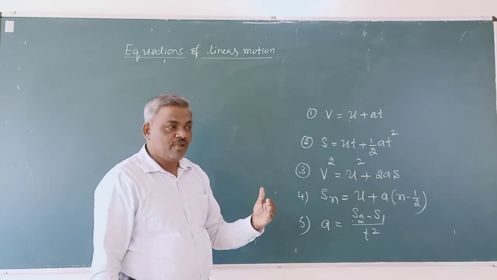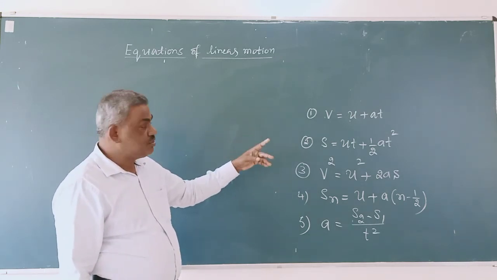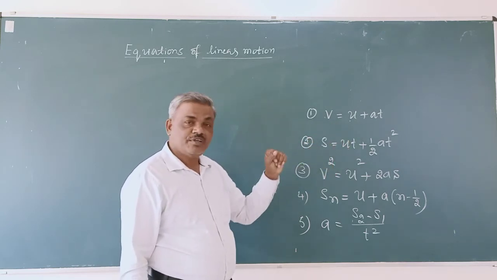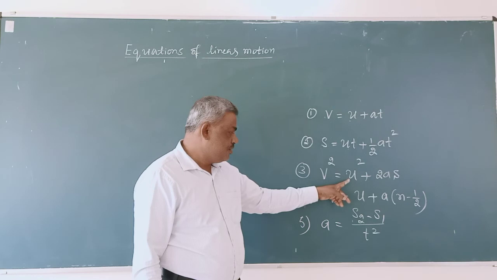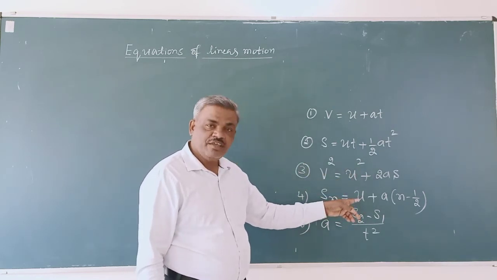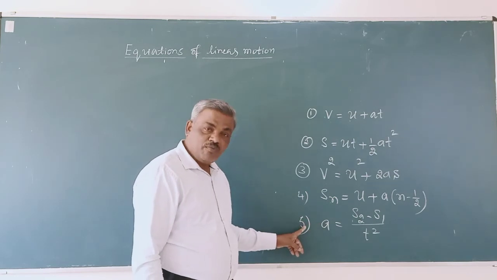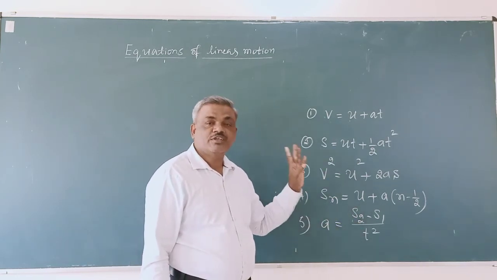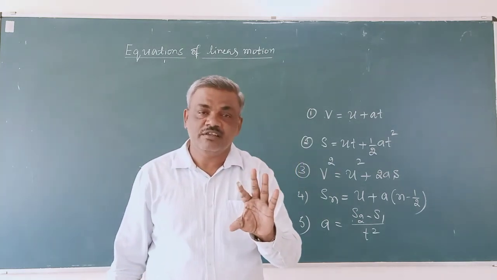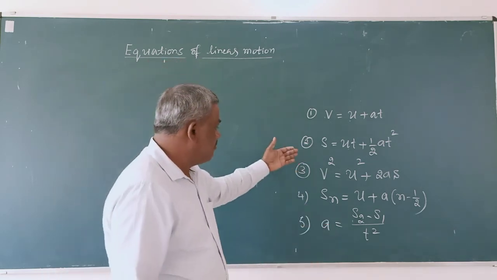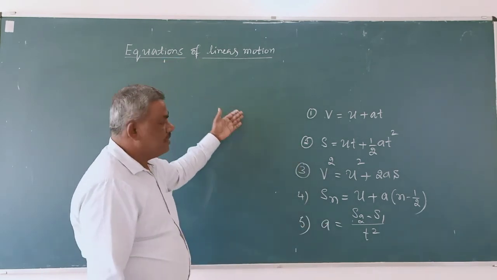The basic equations of linear motion: v equals u plus at, s equals ut plus half at square, v square equals u square plus 2as, Sn equals u plus a times (n minus 1) by 2, and the last, fifth equation, a equals S2 minus S1 by t square. In this lesson, we will see how to solve numerical problems with the help of the equations of linear motion.